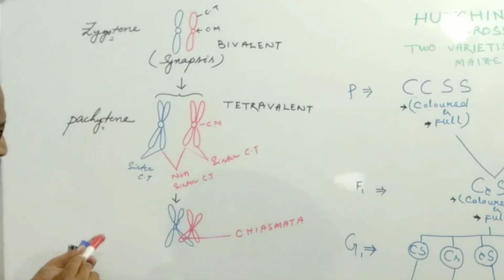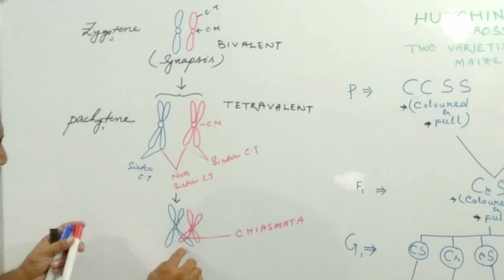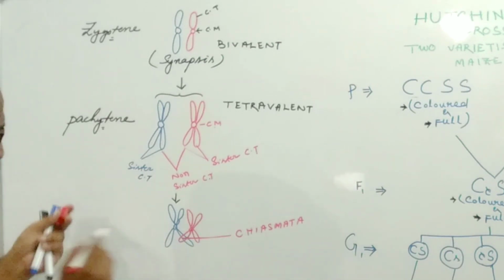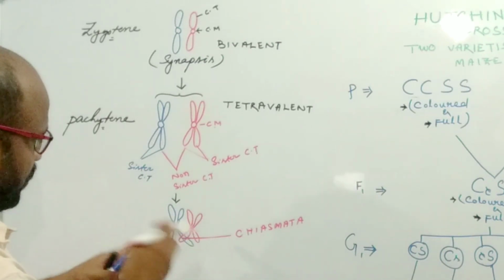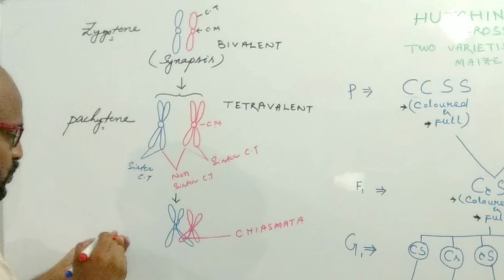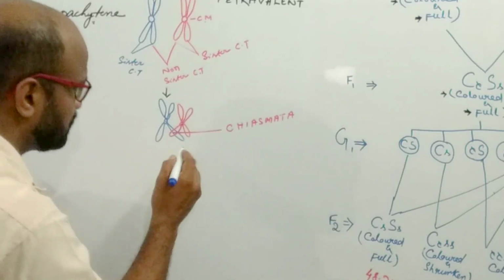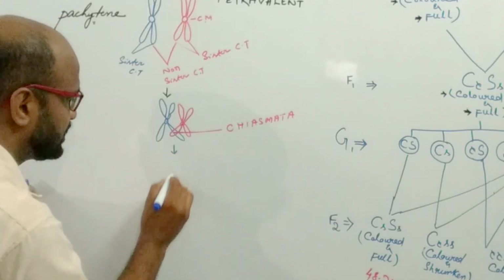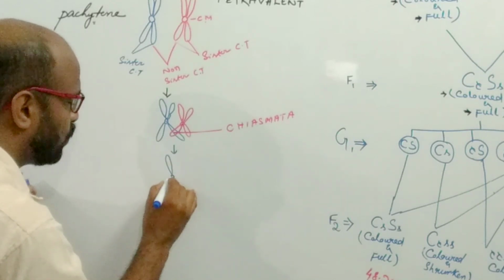So at the point of chiasmata, there is the breakage of two chromatids and the exchange of chromatids. So actually what happened here? Formation of chiasmata is followed by the breakage of chromatid.